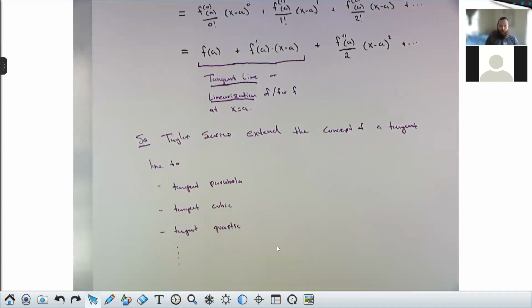That's really what's going on here. You take the same idea as a tangent line, but you apply it to a degree 2 polynomial, a degree 3 polynomial, a degree 4 polynomial. The Taylor series is what you get when you let that run all the way to infinity.